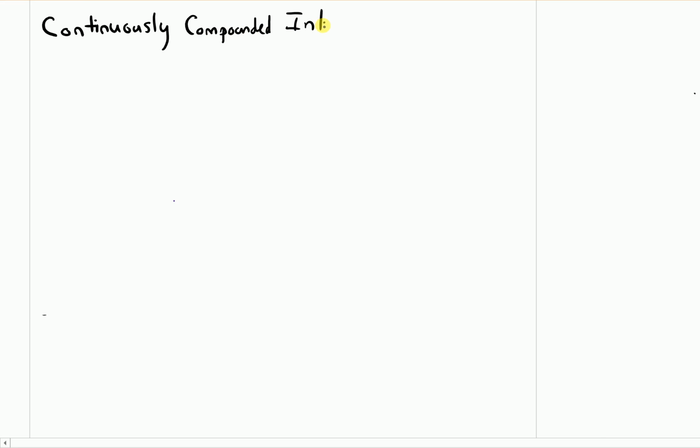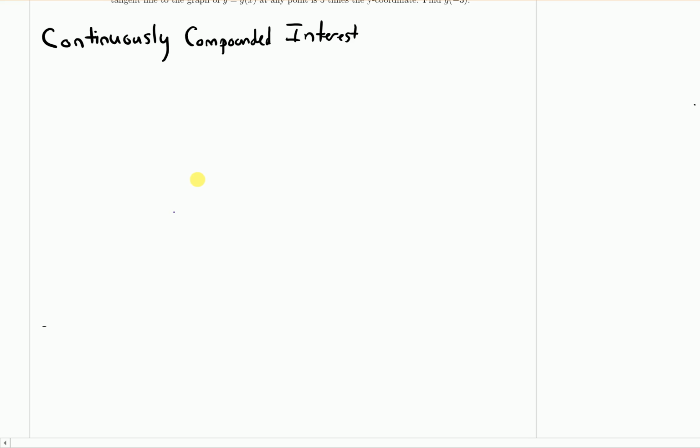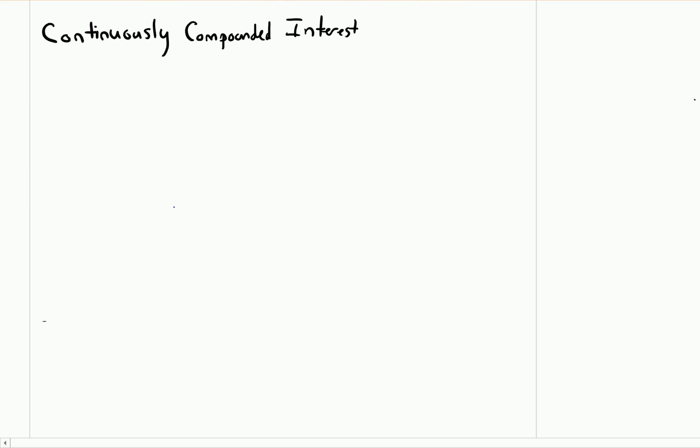So the first is when we deal with continuously compounded interest.